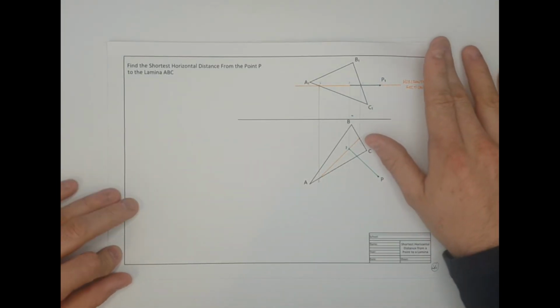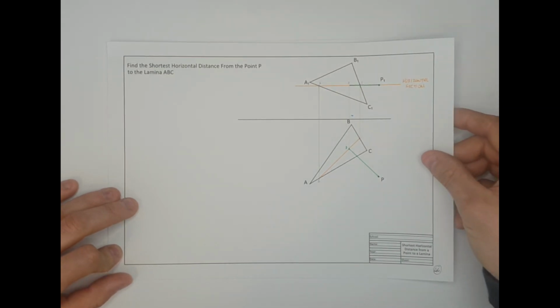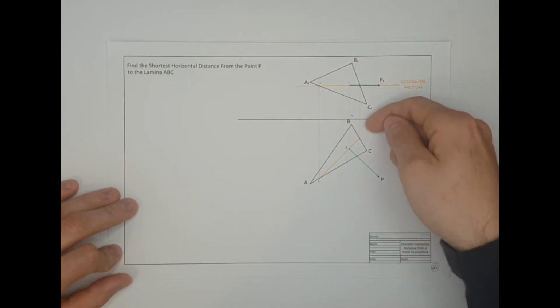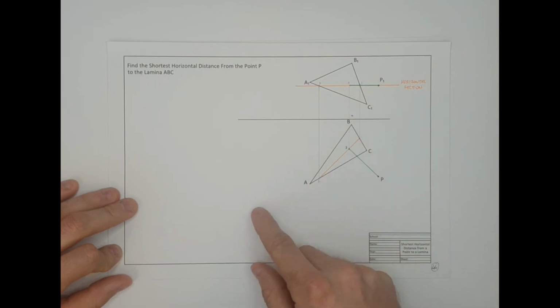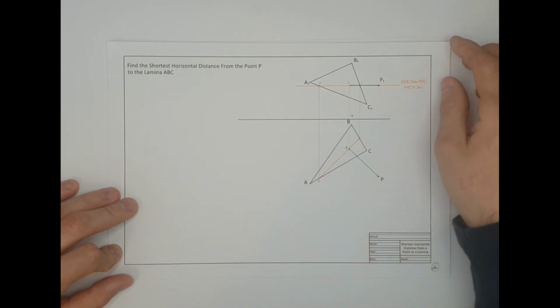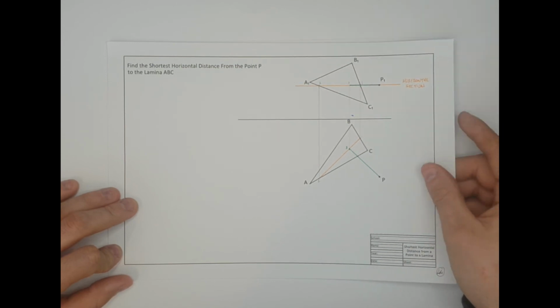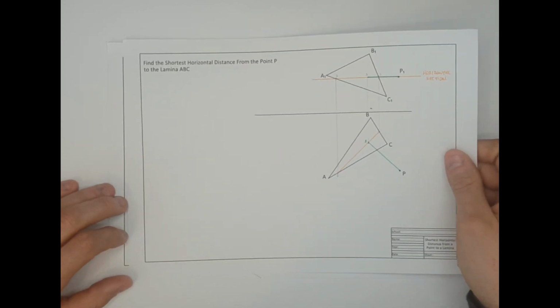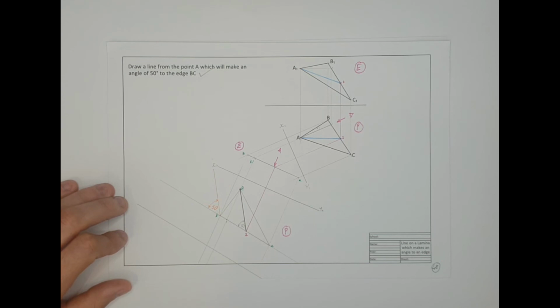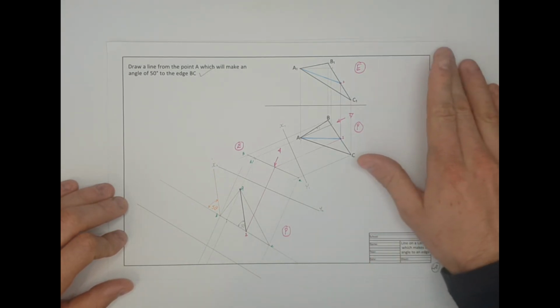Then working with the shortest horizontal distance. I could of course have looked along this as well and found an edge view of a plane and then a horizontal line parallel to the x1, y1. No need. That's a very nice fast way of doing this. Working on from there, draw a line on the surface at a given angle.